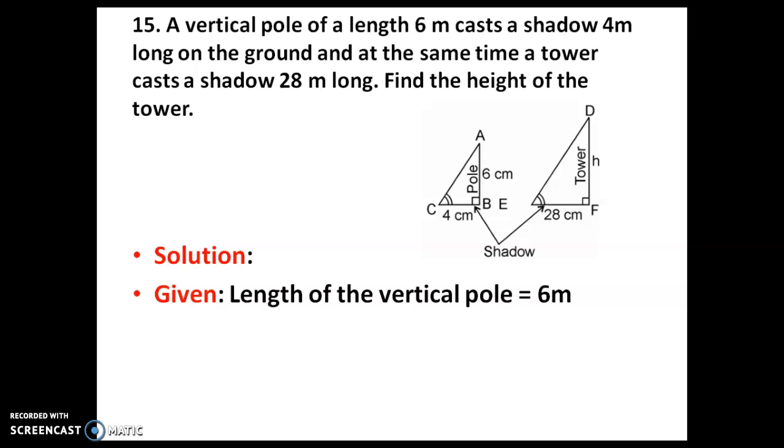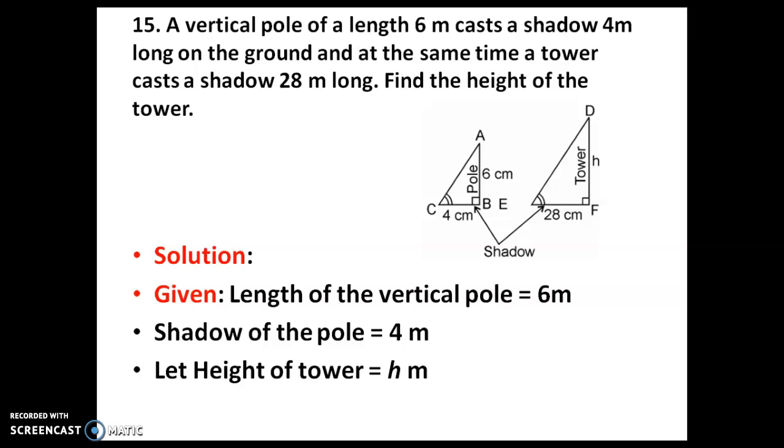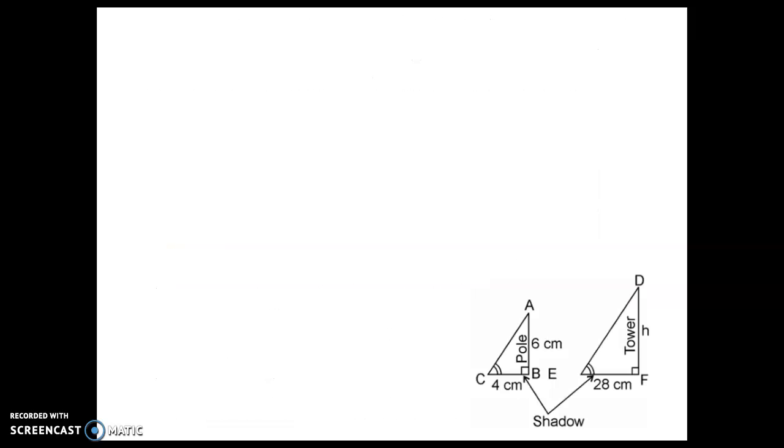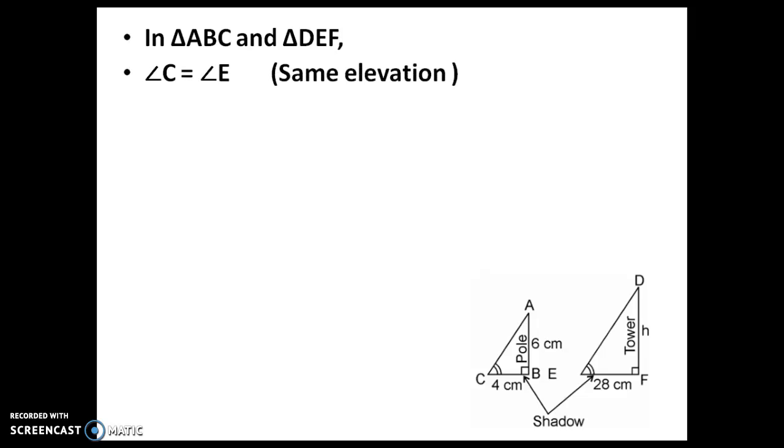Length of vertical pole is 6 meter, shadow of pole is 4 meter, height of tower we don't know, so h meter, length of shadow of the tower is 28 meter. This is the given data.